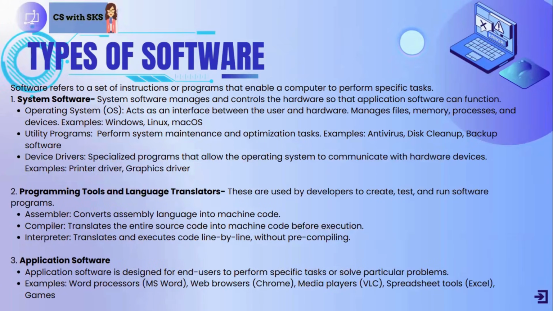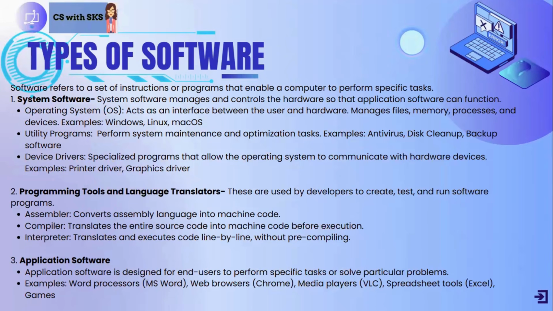Now let's talk about types of software and what software is. Basically, software is like the instructions for your computer that enables a computer to perform specific tasks. Now, software is further divided into system software or application software.